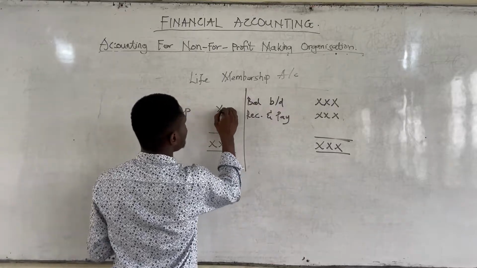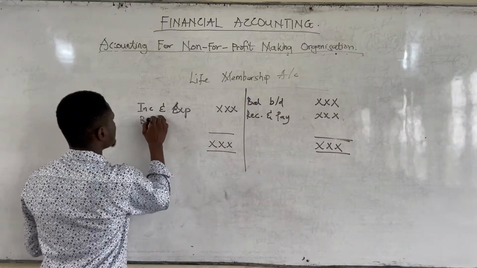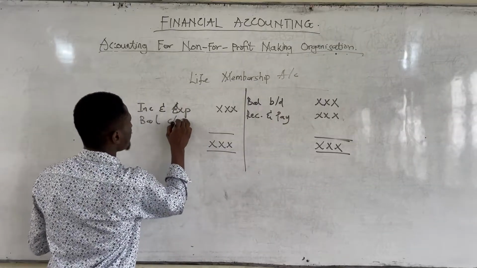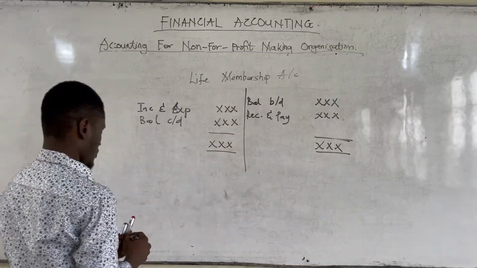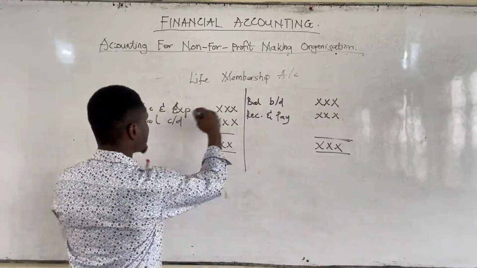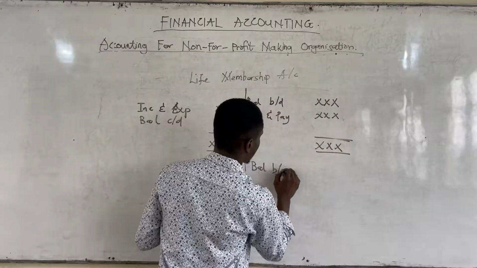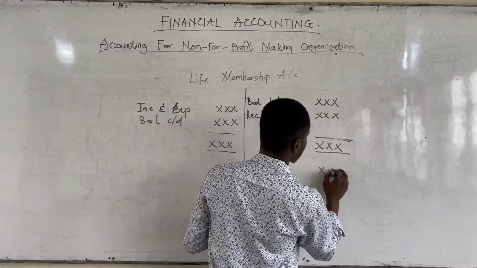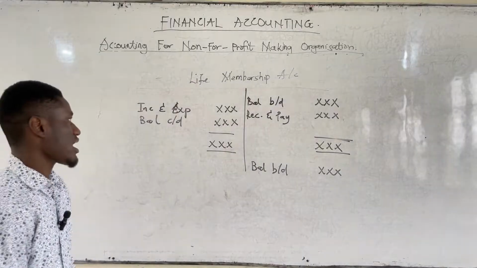So with this, the amount will be here. Then we will have our balance CD to be here. Good. Do you get it? Fine. So this balance CD will come here as balance BD, and that's all for our life membership account.